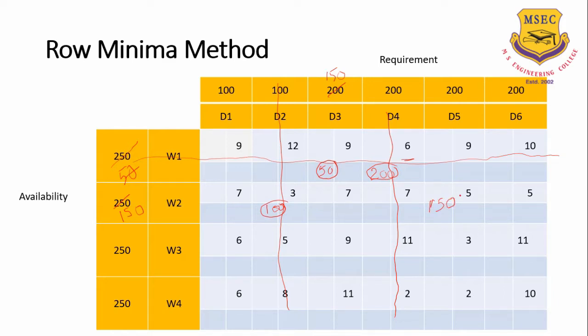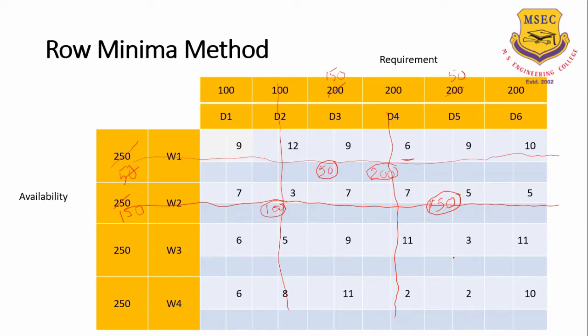That satisfies W2, that is W2 availabilities are over, therefore I cancel this W2. And here the requirement instead of 200, 150 is satisfied, therefore I will have a requirement of 50 units. So in the third row, if I look at the minimum, I have got 6 here, 9 here and 3 here.